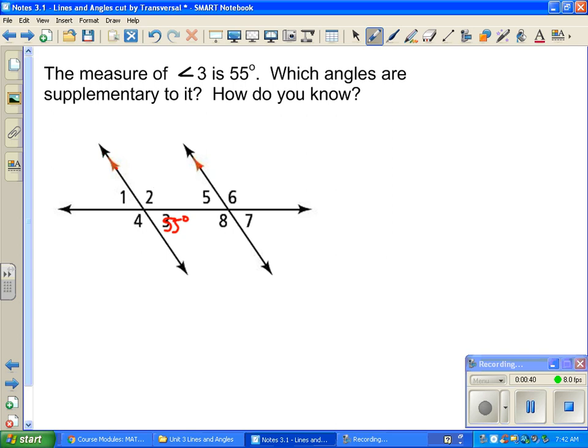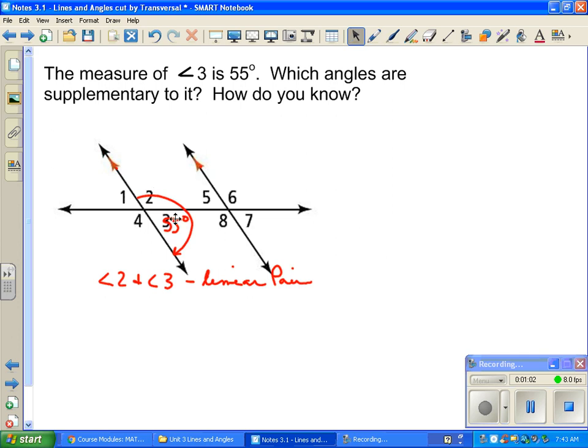So let's start off with something really simple. Angle 2 and 3 are supplementary because they are a linear pair, or what we call supplementary angles. They're side by side.